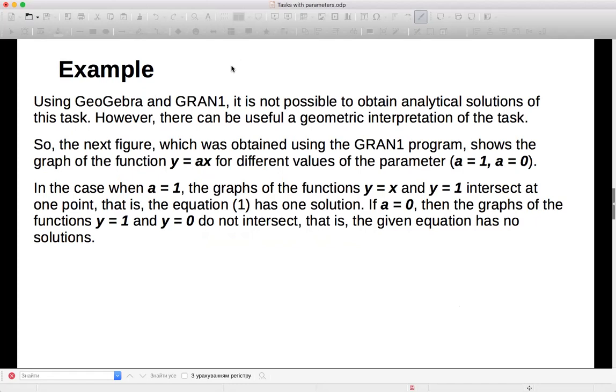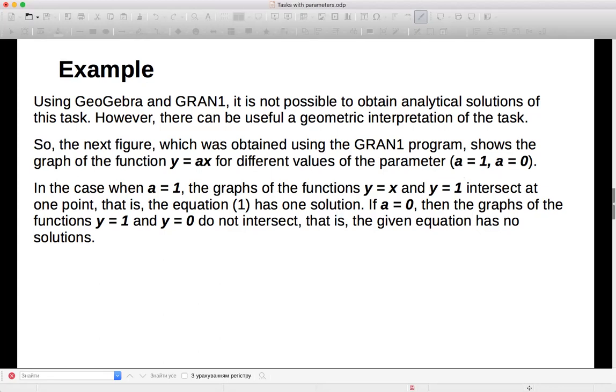Using GeoGebra and Gran1, it is not possible to obtain analytical solutions of this task. However, there can be useful a geometric interpretation of the task. So, the figure on the next slide, which was obtained using the Gran1 program, shows the graph of the function y equals ax for different values of the parameter, namely a equals 1 and a equals 0.